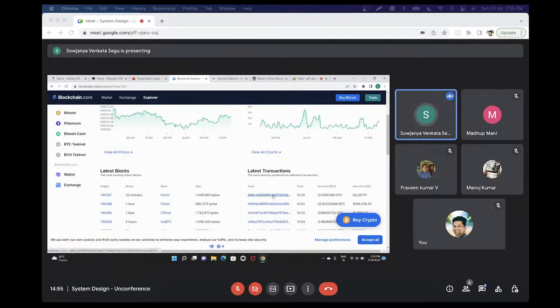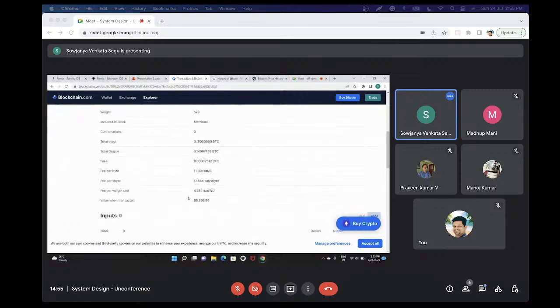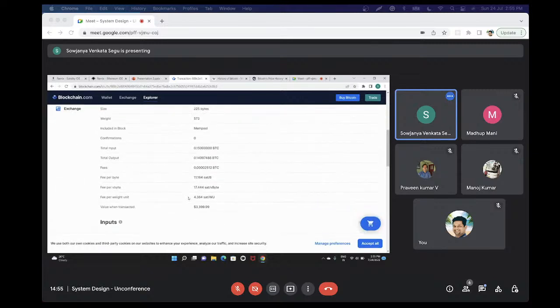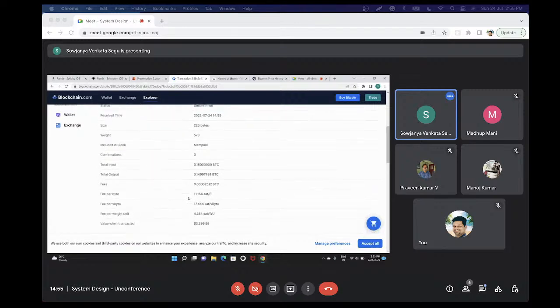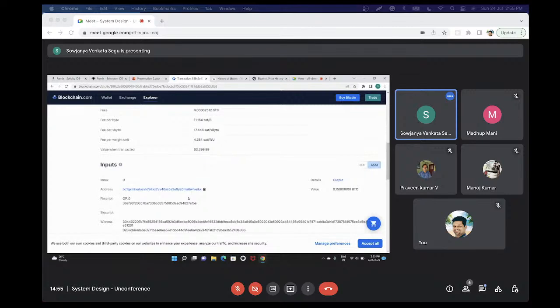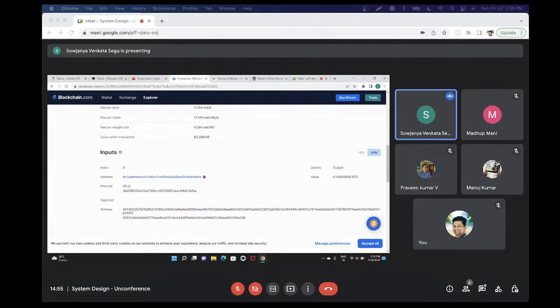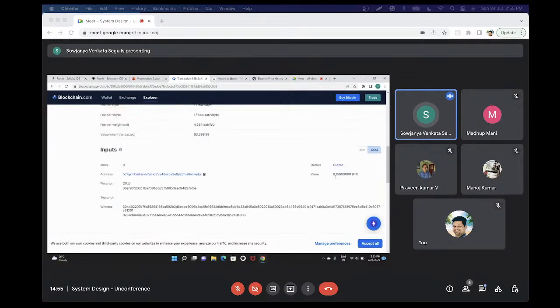This is 3.125 bitcoins, I think. In each block, the first transaction is the coinbase transaction.